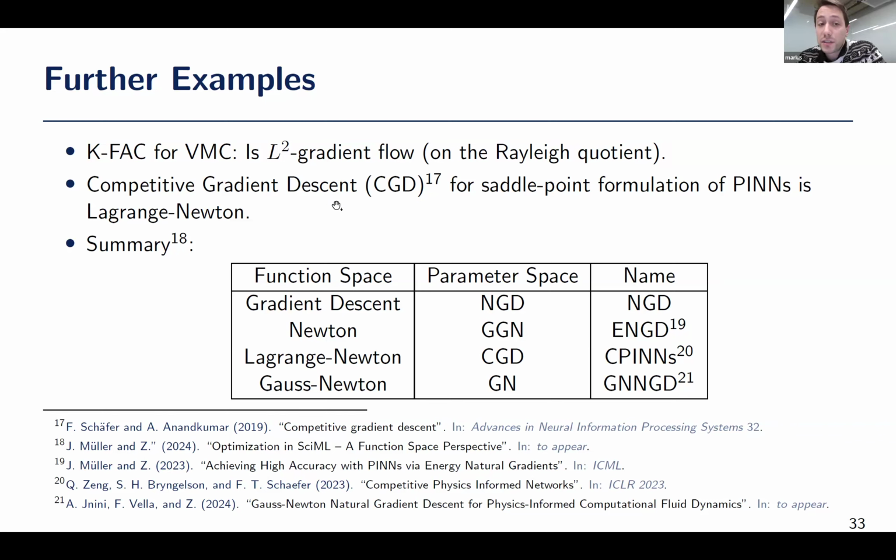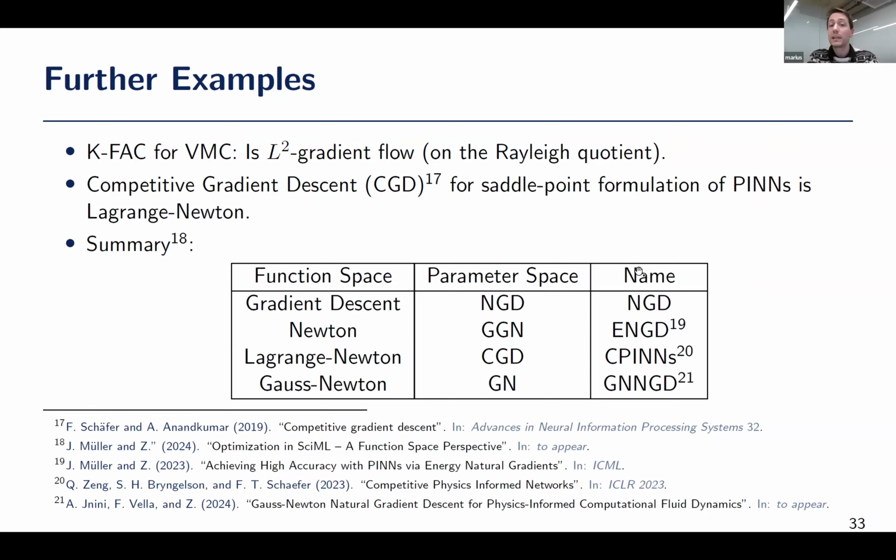And you can understand the application of CGD to the saddle point problem as a Lagrange-Newton method. So Lagrange-Newton is, you have optimization with equality constraints. You do a Lagrange multiplier formulation, and then you use Newton's method to solve the optimality condition. And so you can see that these two things are the same, so that the infinite dimensional viewpoint also gives you insight on what is actually going on.